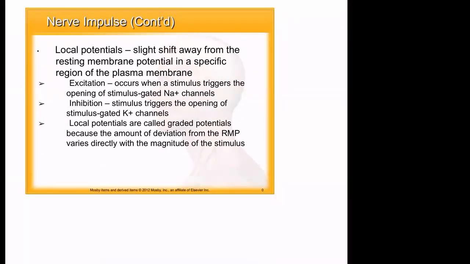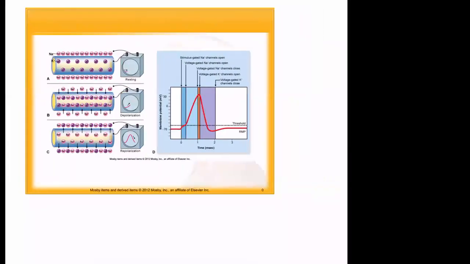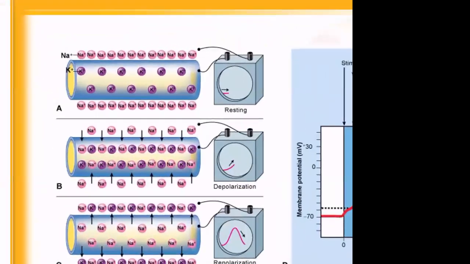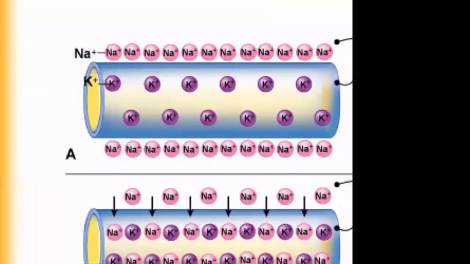Okay, so let me go right to the action potential. That's what's being demonstrated here. And I know it's difficult to imagine. So first think of that blue tube as being like the axon of the neuron.